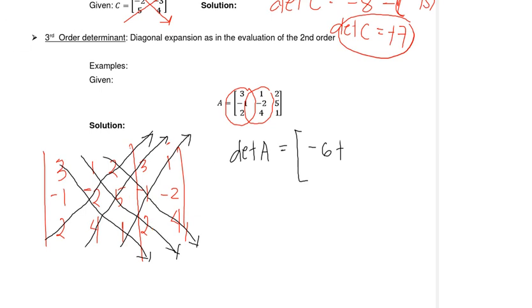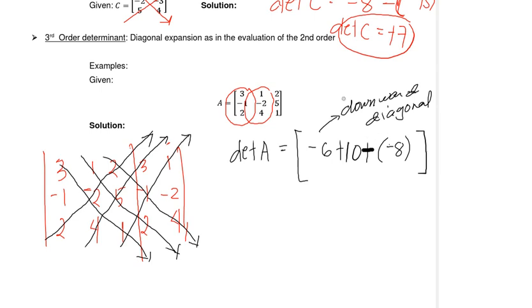So we need to add 10. And then lastly, yung ating third downward diagonal, we have yung product na is 2 times negative 1 times 4. That is negative 8. So plus negative 8. So yan yung product ng downward diagonal natin. So we need to add.